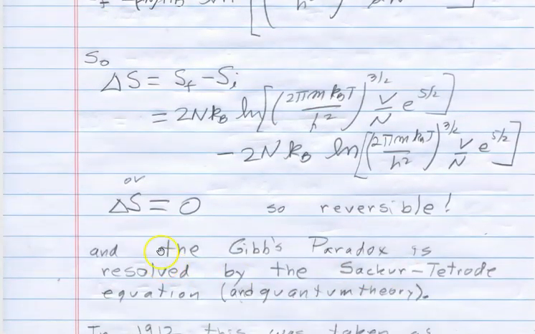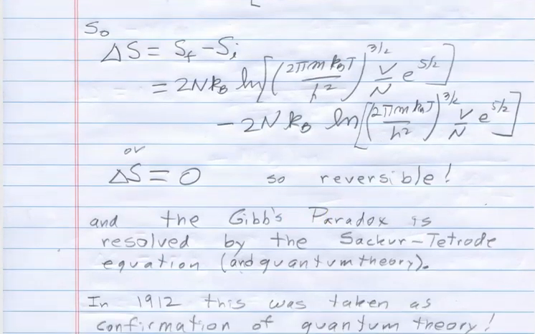And so you find that in this case, delta S is indeed reversible. There's no change in entropy between those two because I could slide a partition back in and get exactly the same system. So in that sense, the Gibbs paradox is resolved by the Sackur Tetrode equation and the quantum theory.